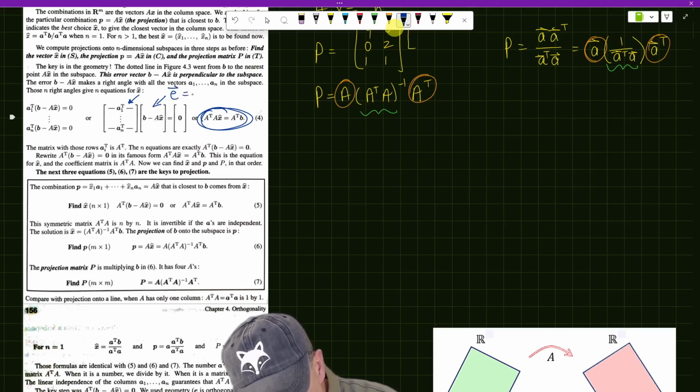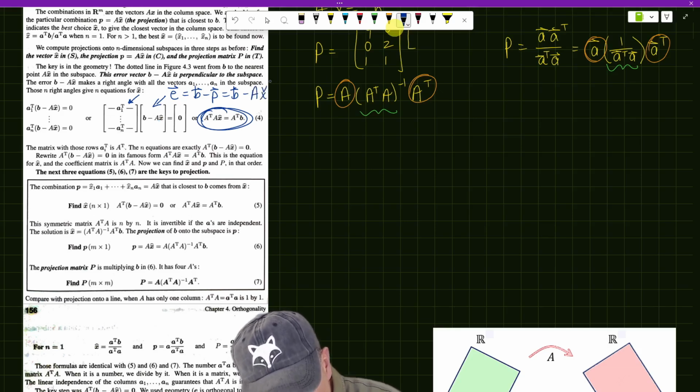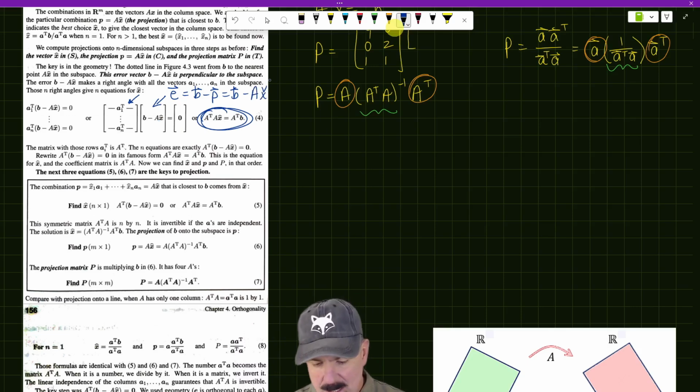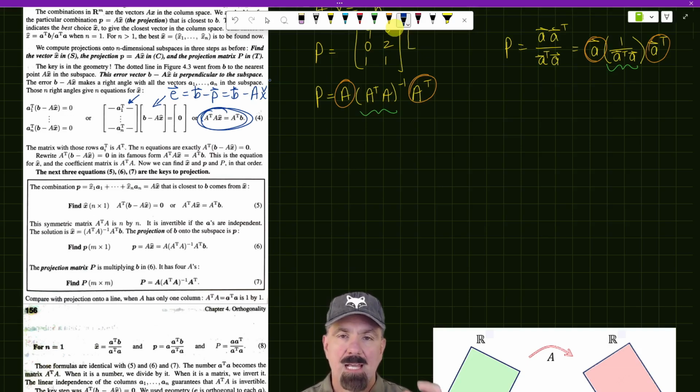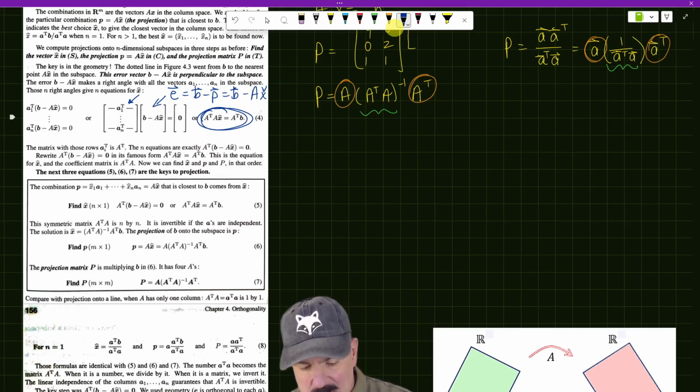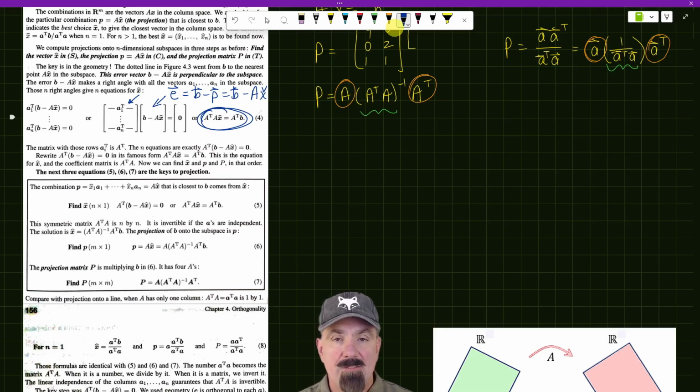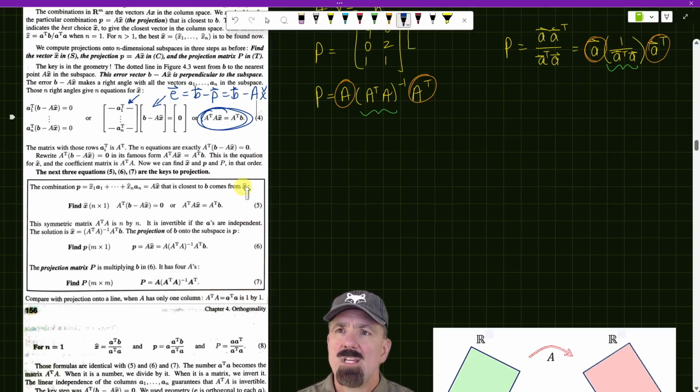So the error vector is equal to b minus p, and the p vector is Ax, which gives us the approximation for the length of the A that we want. So the X chevron is giving us the linear combinations of the A matrix that generates the P vector. So these are the normal equations.